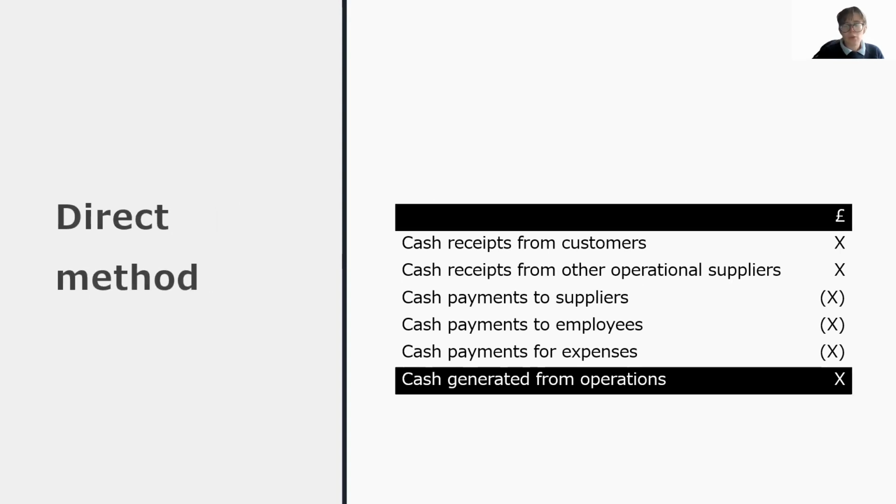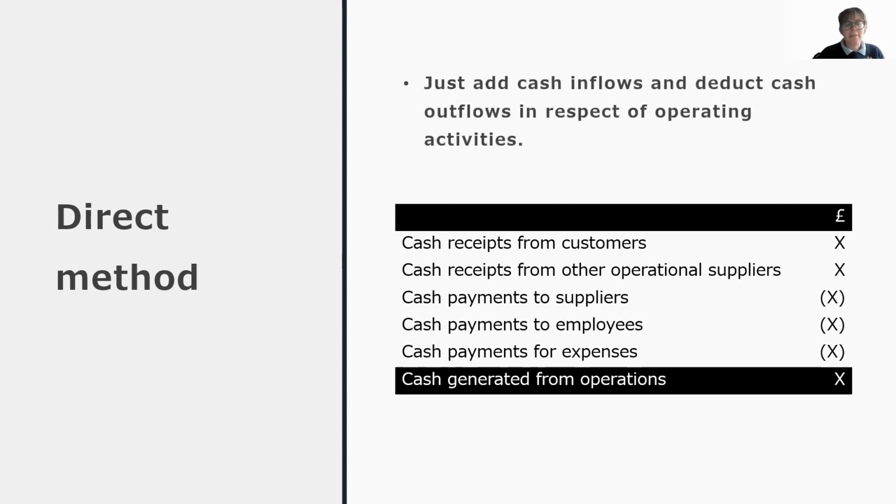So that was the indirect method. We are now going to have a look at the direct method. This one isn't as commonly used, but it can be if you want it to be. For this, it is simply a case of adding cash inflows and deducting cash outflows in respect of operating activities.